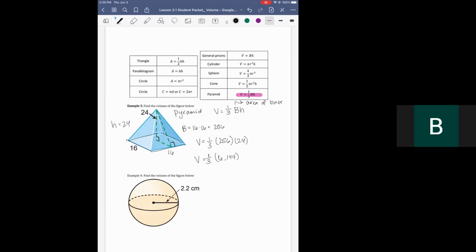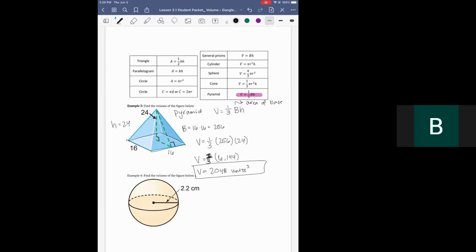When you're multiplying by a third, you're really multiplying by the numerator 1, and then you're going to divide by the denominator, which in this case is 3. So we're going to do 6,144 divided by 3, get 2,048. And I don't have any units, so I'm just going to write units cubed, done.